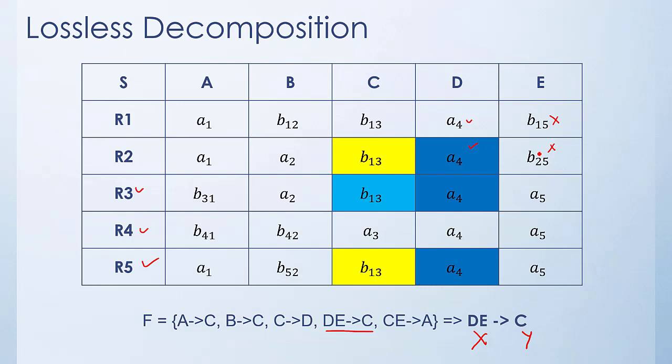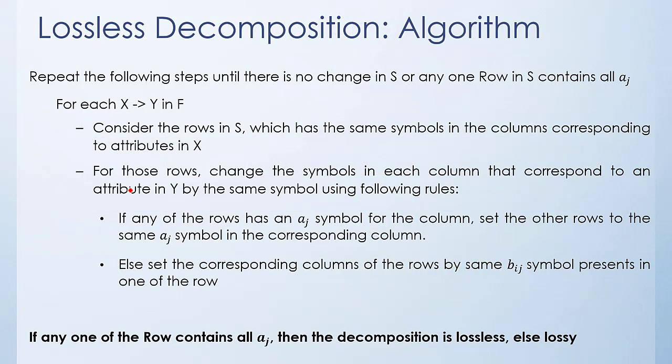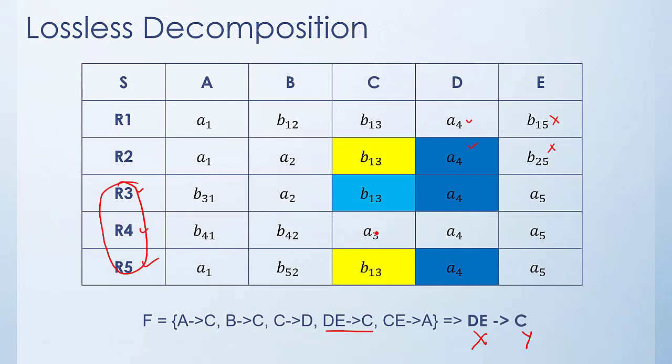So these three rows we need to consider in this case. Now, as per the rule, as there is A3 present in the Y, that is the C attribute, we need to replace all the values by the same symbol for the attribute 3.